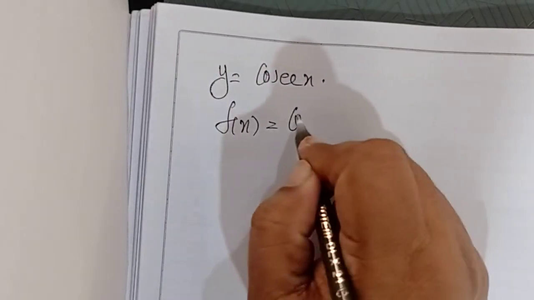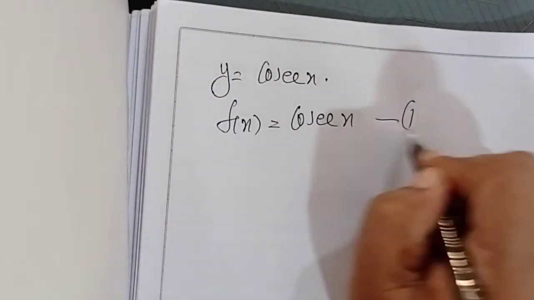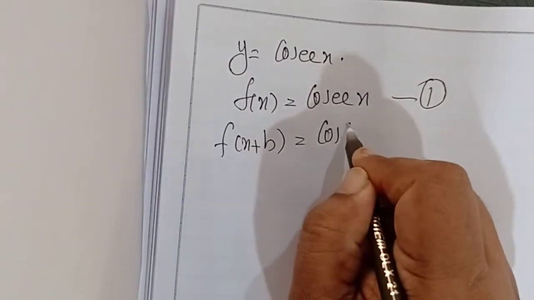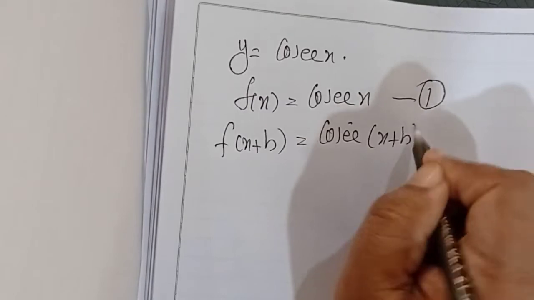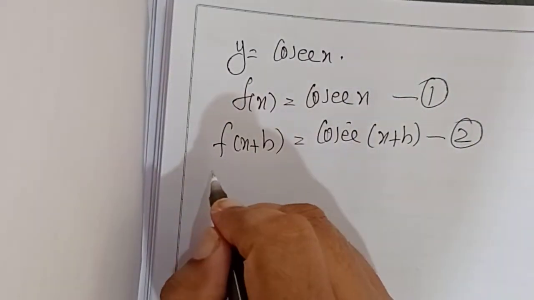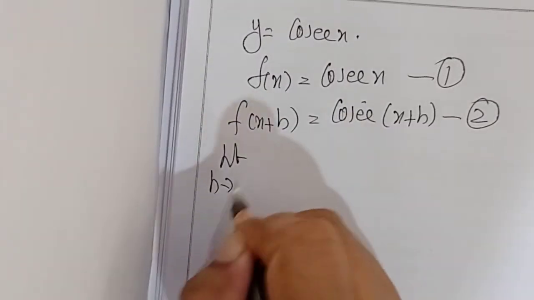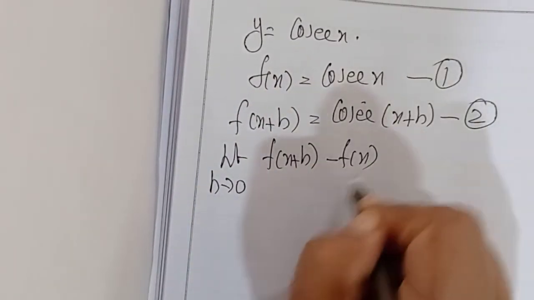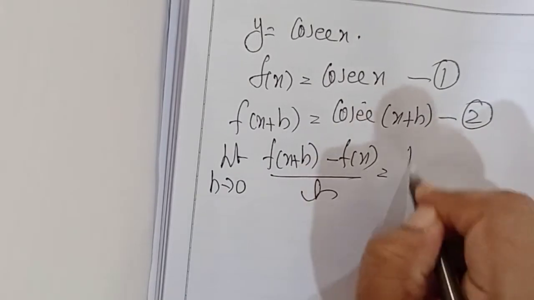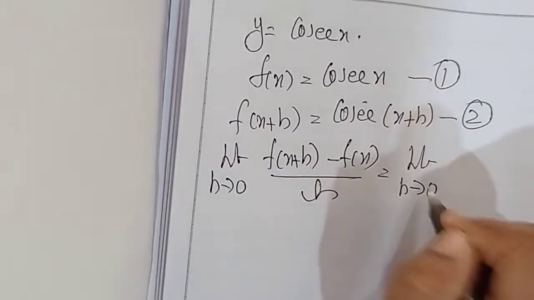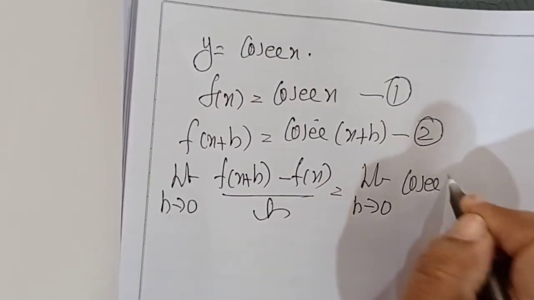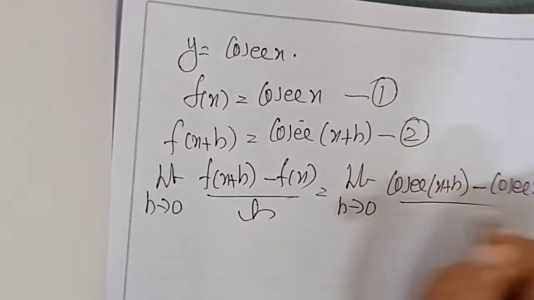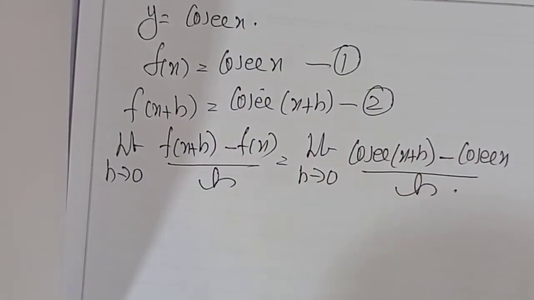f(x) equal to cosec x, put equation 1. f(x+h) equal to cosec(x+h), that is equation 2. Limit h tends to 0, f(x+h) minus f(x) by h is equal to limit h tends to 0, cosec(x+h) minus cosec x, the whole by h.